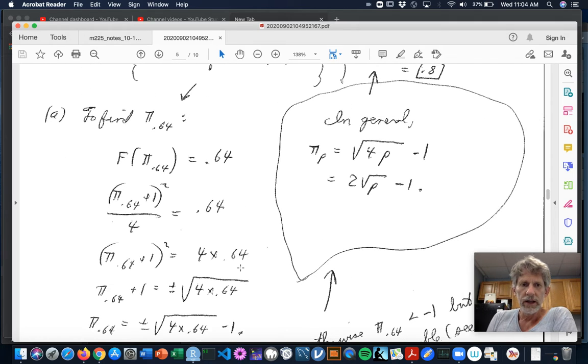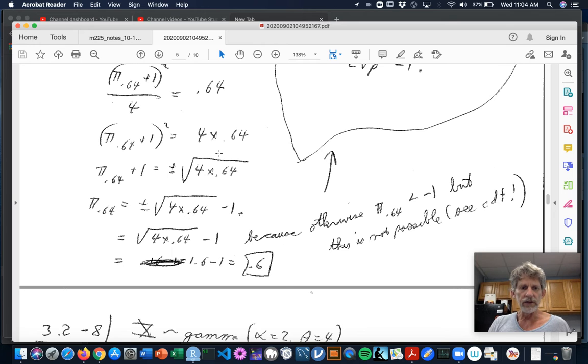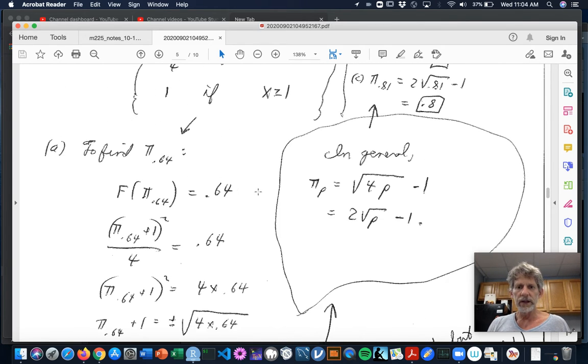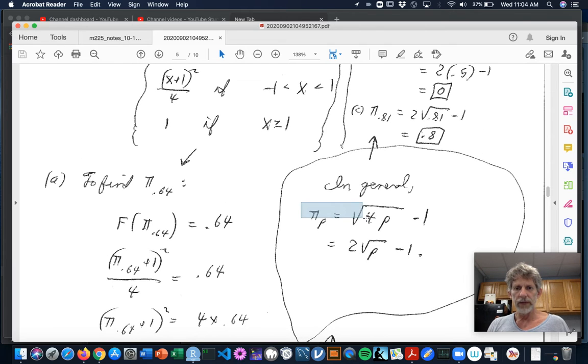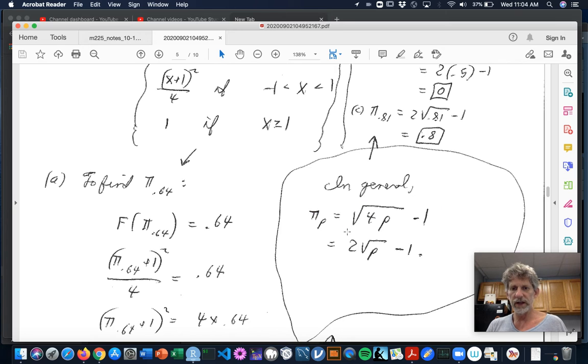So if you were to just do this same work where there's any p here, any decimal between 0 and 1, and same p here, and have just p's instead of the 0.64, then you would end up with pi sub p is the square root of 4p minus 1, which is the same as the square root of 2p minus 1.